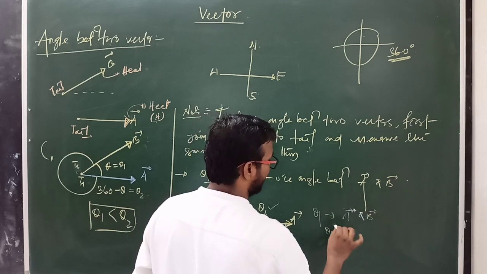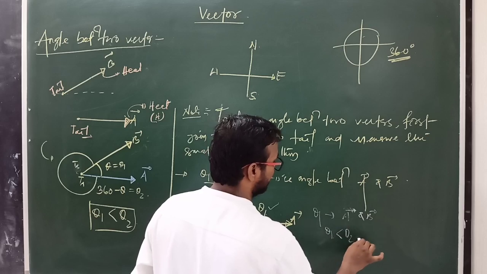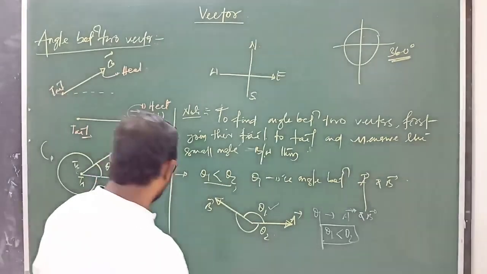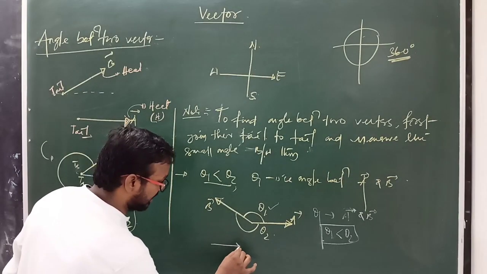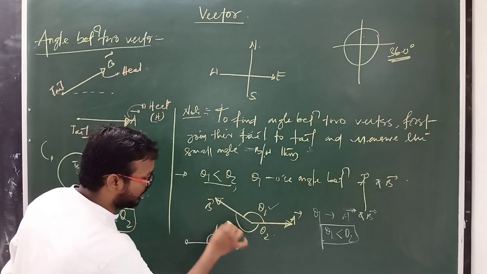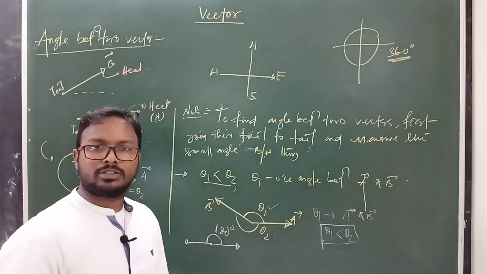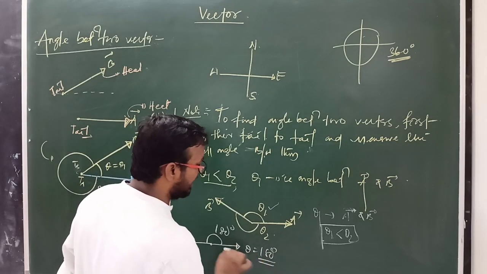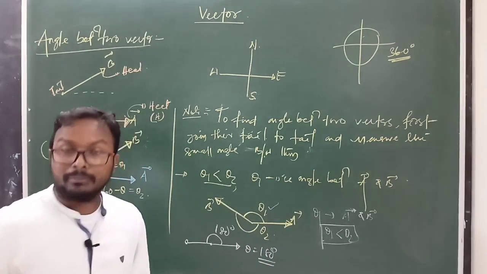Why? Because theta 1 is here smaller than theta 2. Clear? Okay. So when two vectors have directions opposite to each other and the angle between them is 180 degrees, in this case theta equal to 180 degrees is the angle between two vectors.